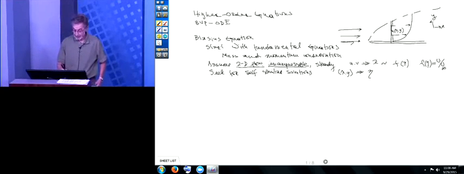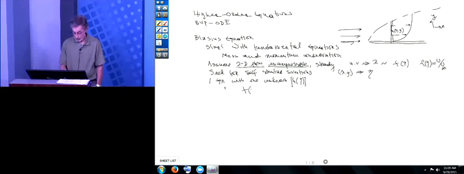What we then obtain is one equation with one unknown, which is f of eta.